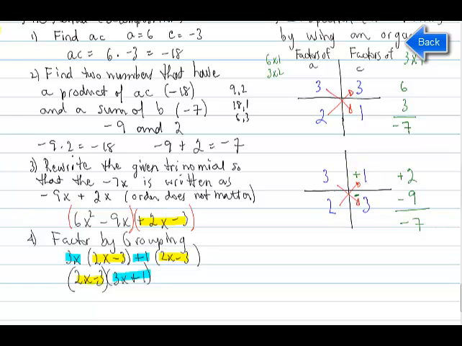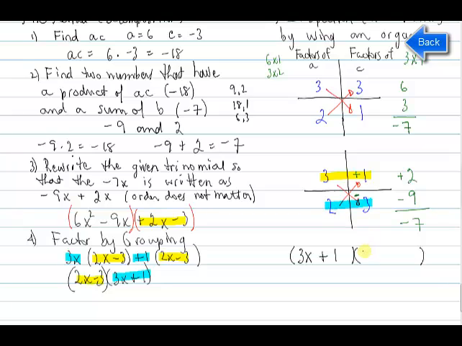And now I'm ready to write my answer. Okay, I know that my trinomial is going to factor into 2 binomials. So I'm going to arrange them by grouping them in rows. If you take a look, in the top row you've got 3 and 1, so I need to write the 3 as a 3x, and the 1 I leave as plus 1.